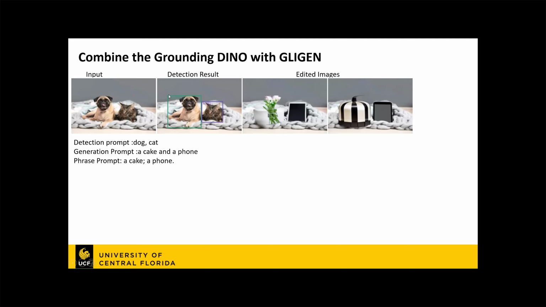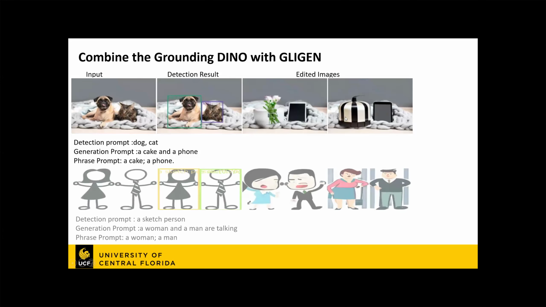So essentially it allows you to take 2 different detections. You can see here a dog and a cat, and then using the phrase prompt, you can change individually the 2 different detected sections standing alone by themselves.